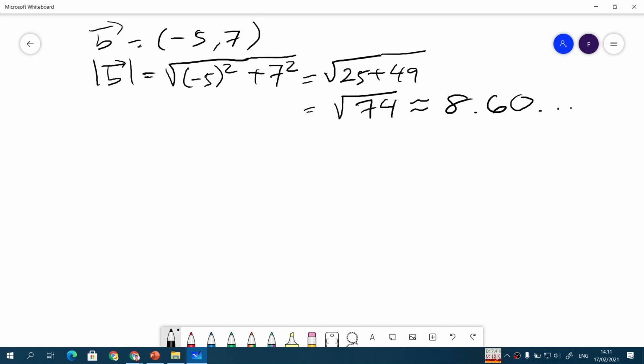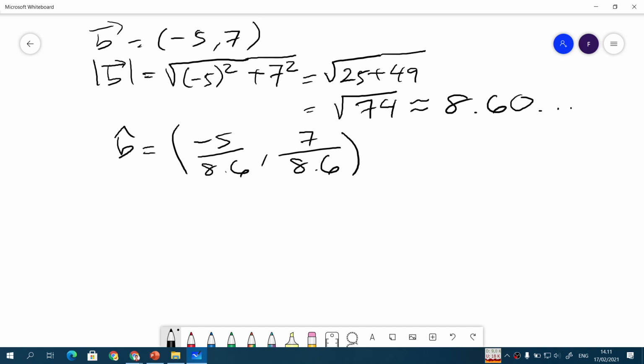Then we can know the unit vector, which is minus 5 divided by 8.6 and 7 divided by 8.6. You can just calculate this for yourself.